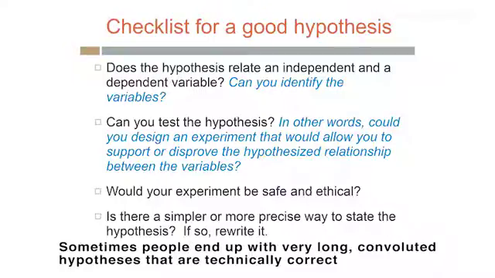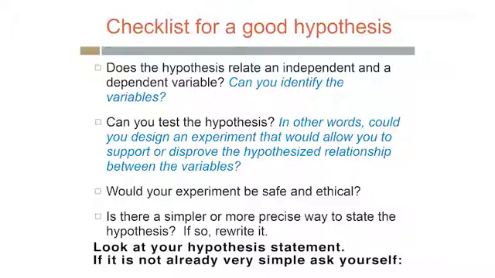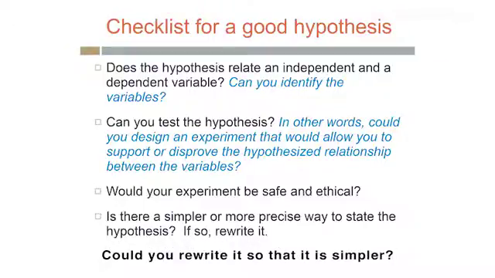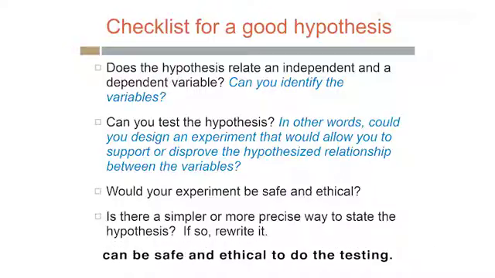Sometimes people end up with very long, convoluted hypotheses that are technically correct, but more complex than they need to be. Go for simplicity. Look at your hypothesis statement, and if it's not already very simple, ask yourself, could you rewrite it so that it's simpler? If you can, then rewrite it, because you want a simple, clear, testable hypothesis where your research can be safe and ethical to do the testing.